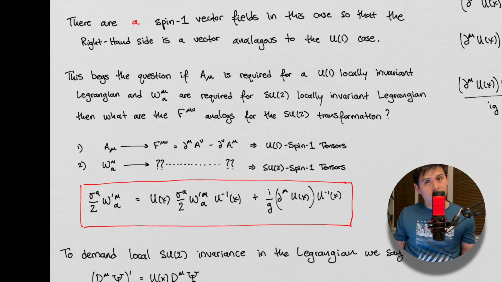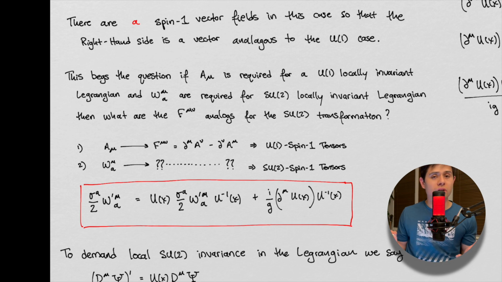So this begs the question: if A mu is required for a U1 locally invariant Lagrangian, and these guys are required for an SU2 locally invariant Lagrangian, then what are going to be the electromagnetic field tensors, or their analogs, in the SU2 transformation case? Because we want to be complete.